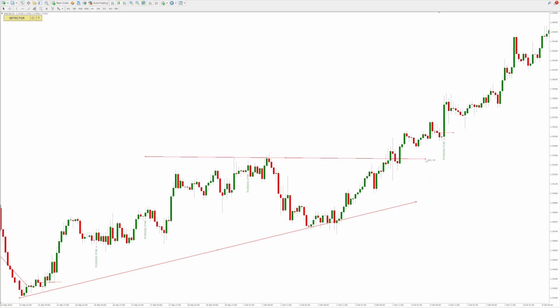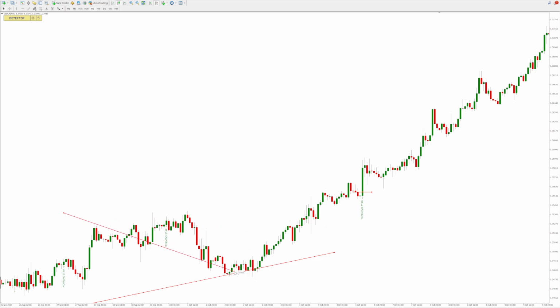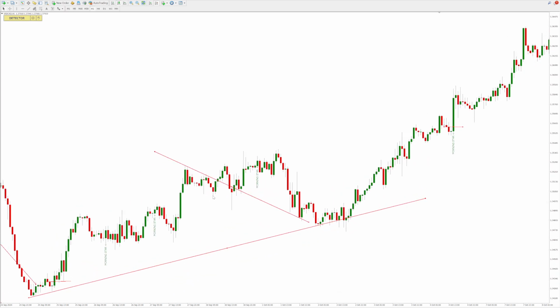You have almost a W pattern formed here, which could have been a signal to enter on this breakout here. Okay, so there are other things to look out for. You don't necessarily have to have the Morning Star candlestick pattern to confirm entry.